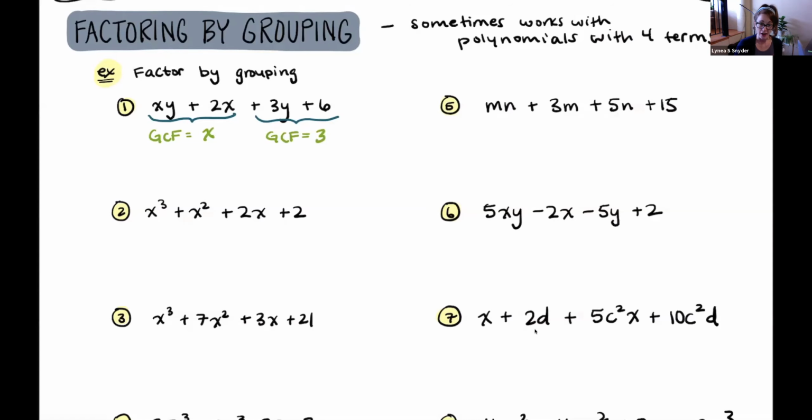Okay, now factor out the GCF of each of those. So this will be x, and in the first group, we will have a y plus 2. Okay, then we've got plus. Here we have a GCF of 3 that we'll factor out in the second group, and we are left with a y plus 2 when we factor 3 out of the second group there. All I'm doing is this group is equivalent to the first group that we had underlined in the blue, and then here as well.